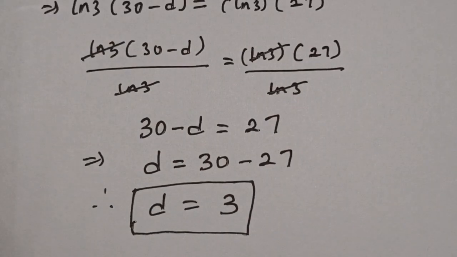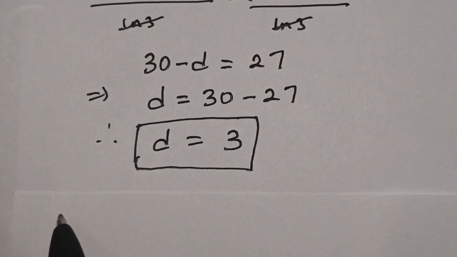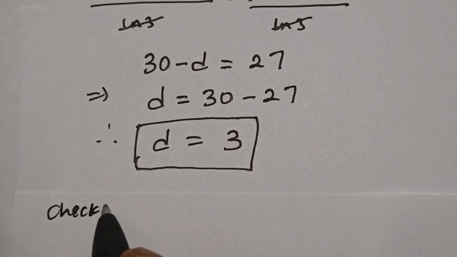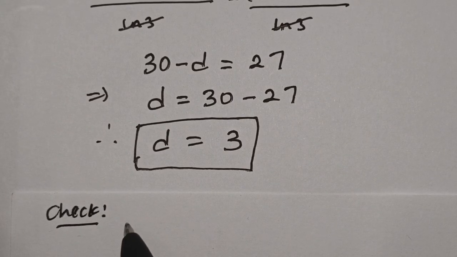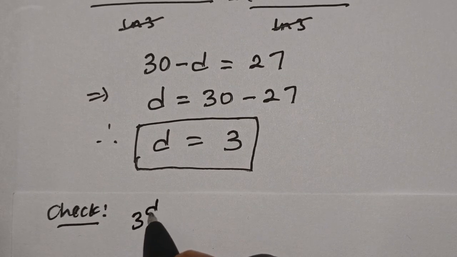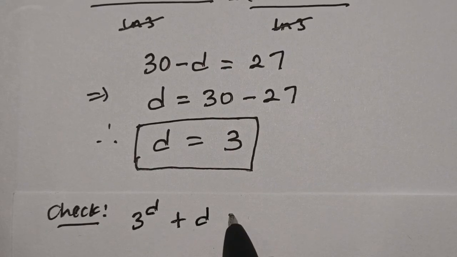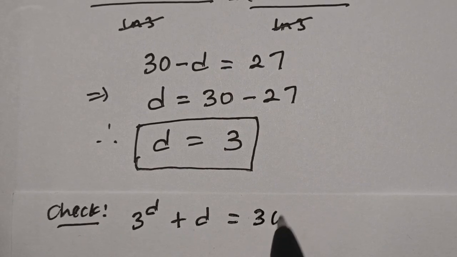Now, let us check if this answer is correct. The question says 3 to the power of d plus d is equal to 30.